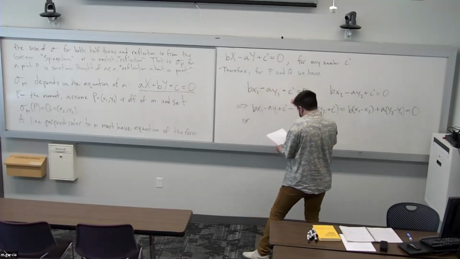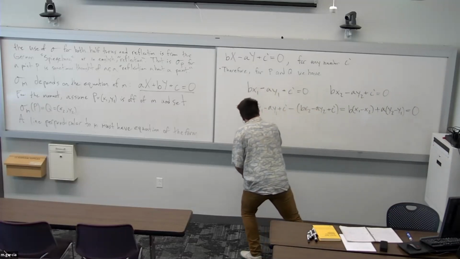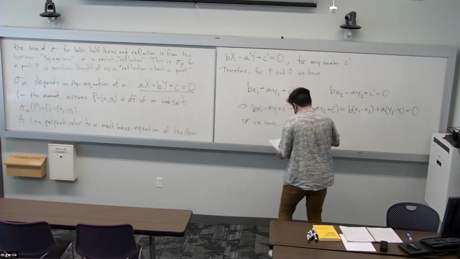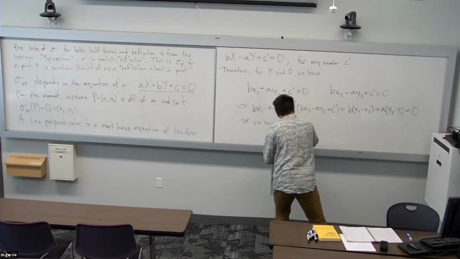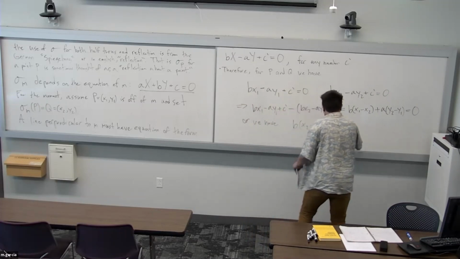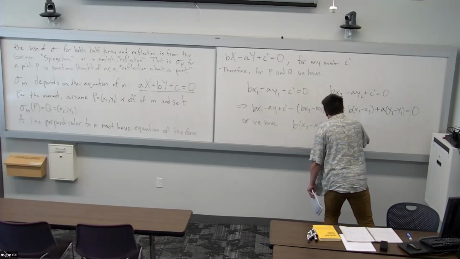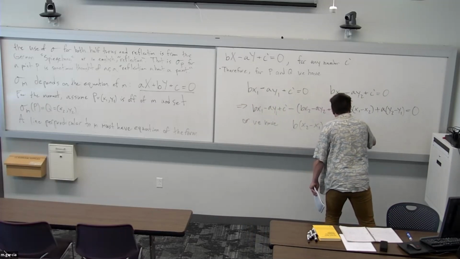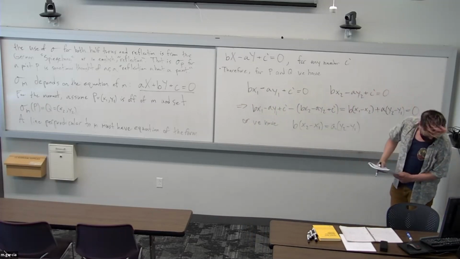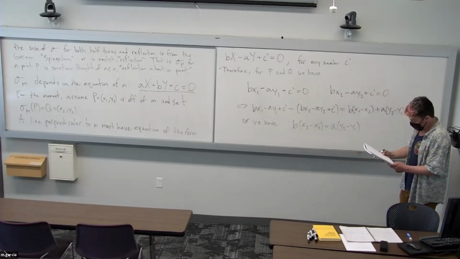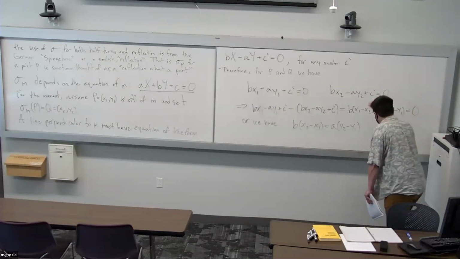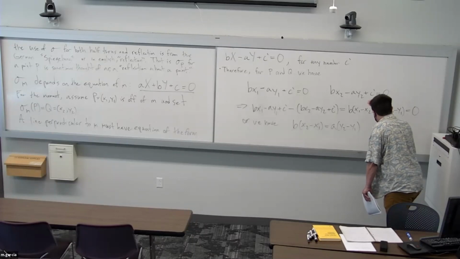Or put another way, we have that b times x2 minus x1 is equal to a times y2 minus y1. Okay? So, I'm going to label this equation star.